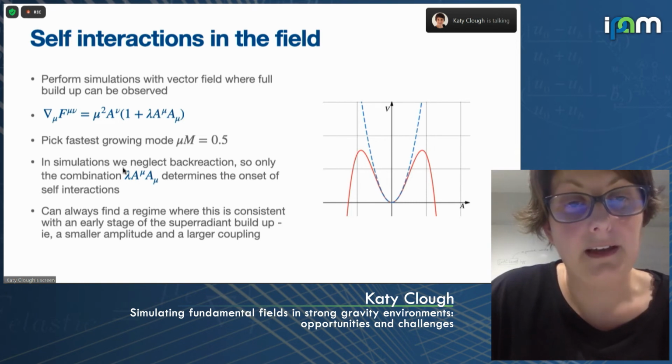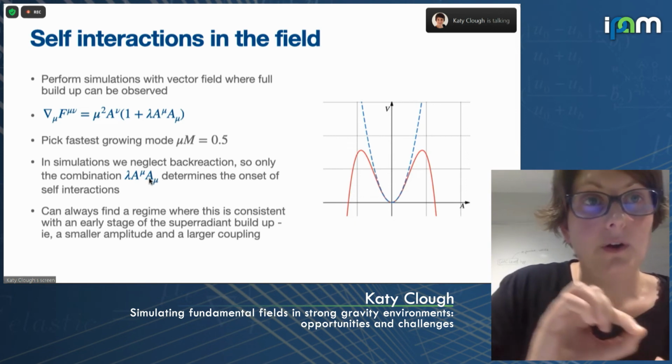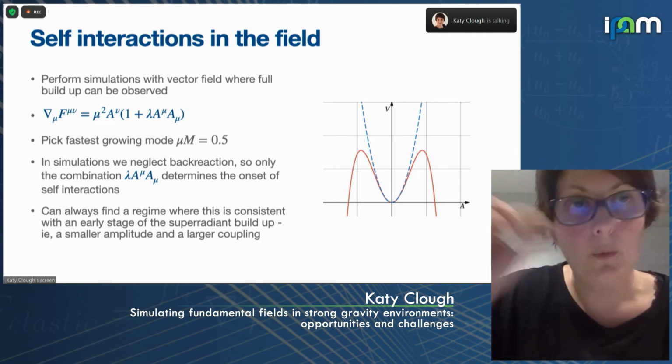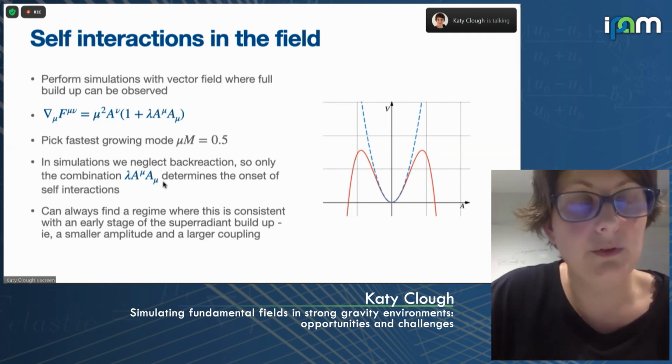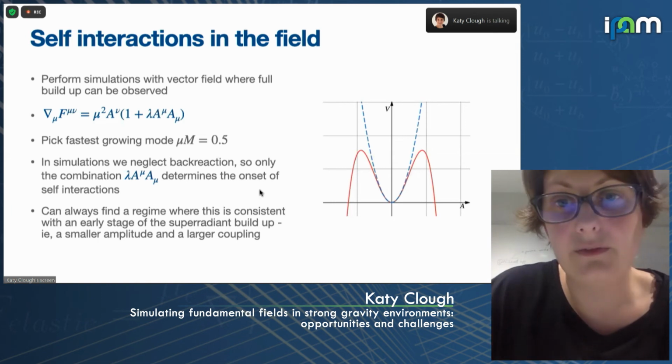That means from a computational perspective that you really only need to do one simulation of this. Once you've chosen a value for lambda, you then grow the value of your field. And at some point, you're going to hit the amplitude where you start to see the nonlinear effect, or rather the self-interaction effect.